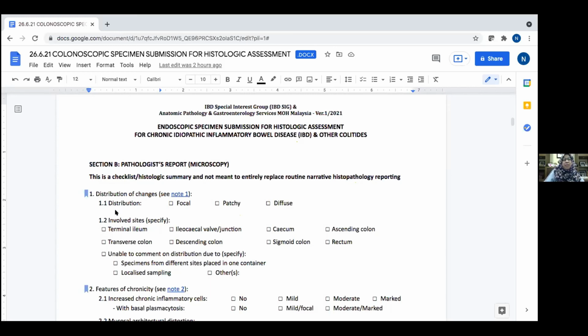But it can be involved, but unless we are given the samples of the appendix, we will not know. But I do see on and off appendiceal involvement, mainly in Crohn's disease.